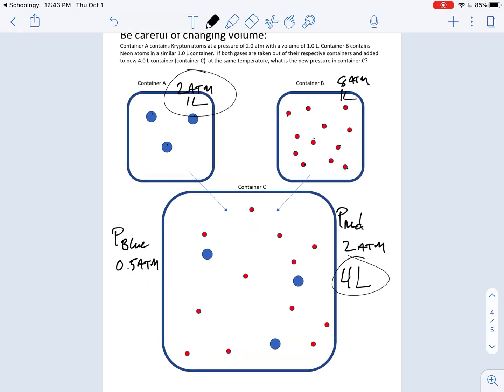So what then is the total amount for the red and the blue? Well, if the blue is 1/2 and the red is 2, then the total amount in my new container is going to be 2.5 atmospheres because I changed the blue and I changed the red, and then I added them up total in my new container.